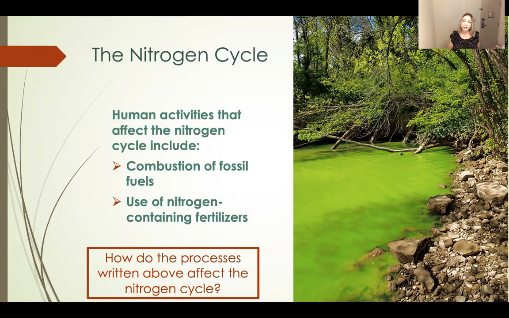Remember, algae is not a plant, but it looks like a plant. So nitrogen fertilizers cause, we call it algal growth, or the growth of algae in our waterways. Now, the combustion of fossil fuels puts nitrogen into the atmosphere, which is a major source of pollution, smog. So let me write that down for you here.